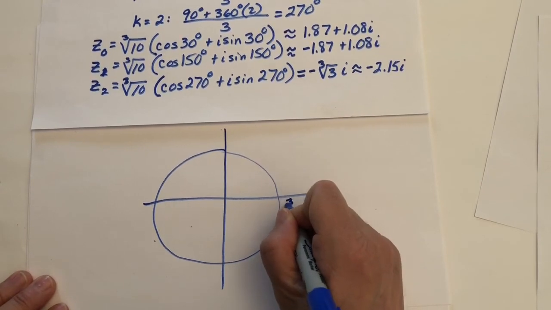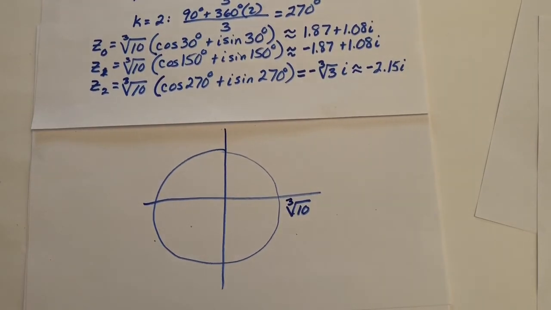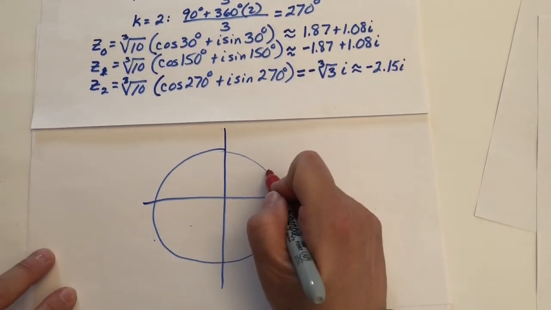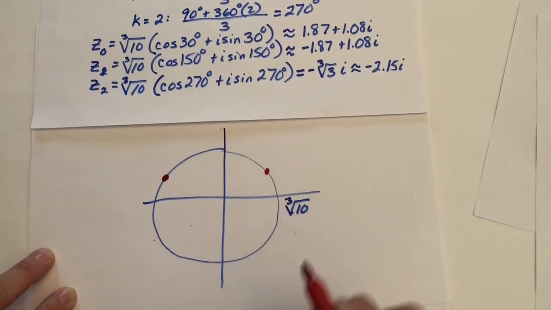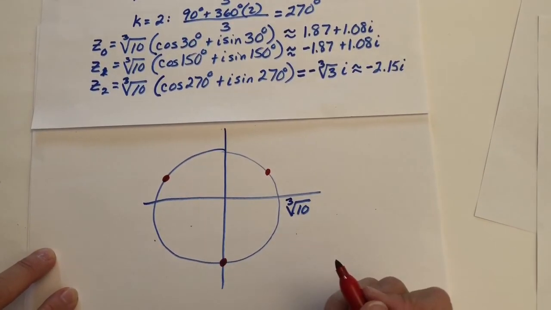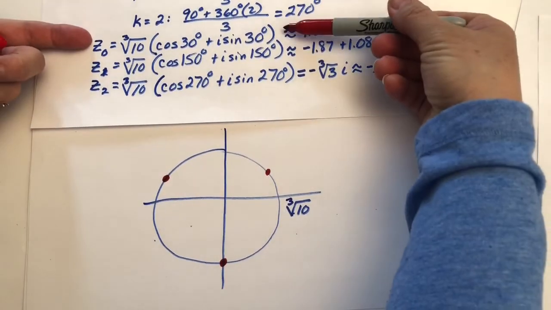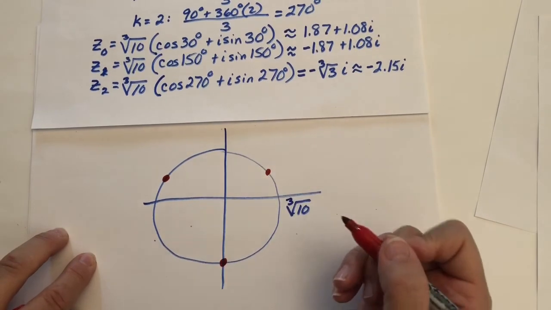The radius is the cube root of 10. So our roots are evenly distributed around the circle, and they are at 30 degrees over here, 150 degrees here, and 270 degrees here. So these numbers are represented by these points in the complex plane.